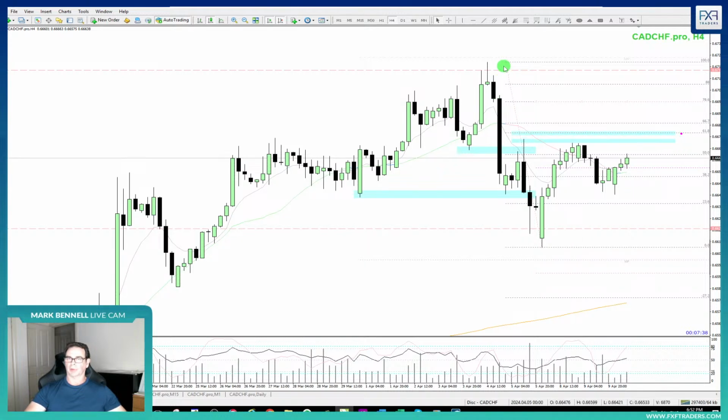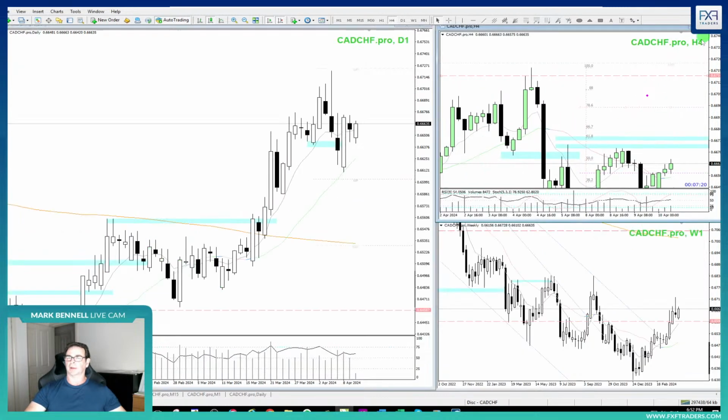So just be careful with that. It's the 61 of this move. Right there. 4 hour trend anchor. 61 right in there. So some layered resistance. Some natural and some tech.